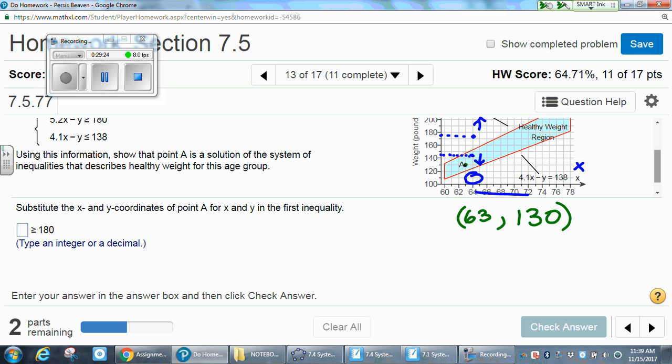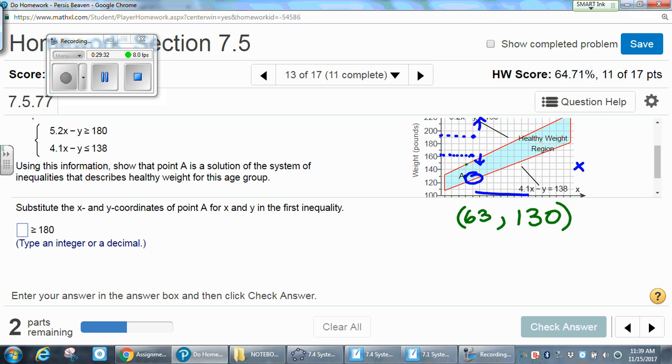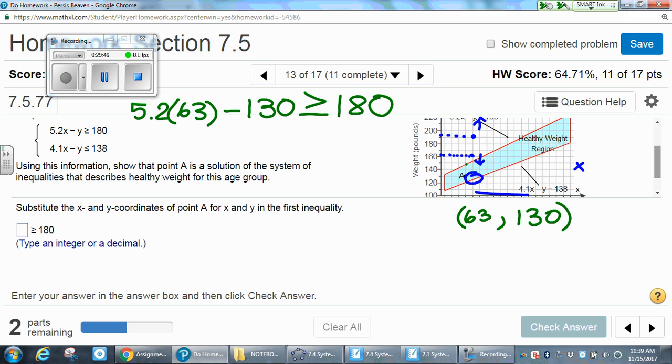And the first inequality we have here: if we substitute, 5.2 times 63 minus the y value, 130. They want us to find the number that will go on the left side.